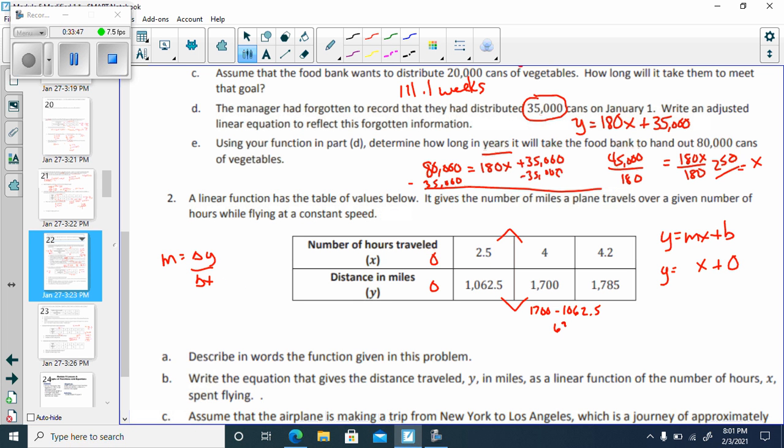That's 637.5, and 4 minus 2.5, which gives us 1.5, okay? That's 637.5, our y, over our x, 1.5.